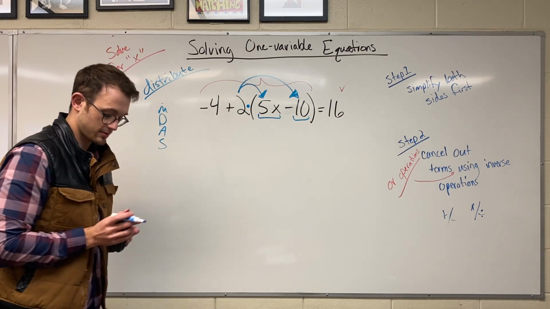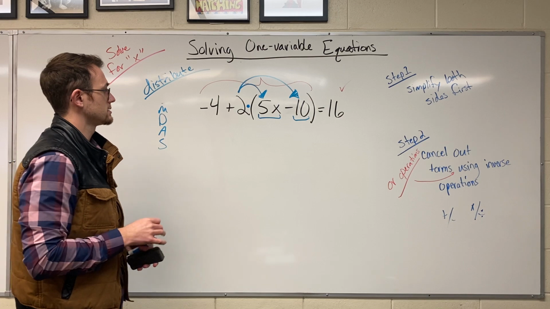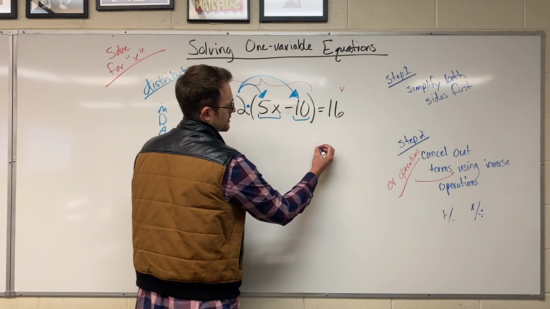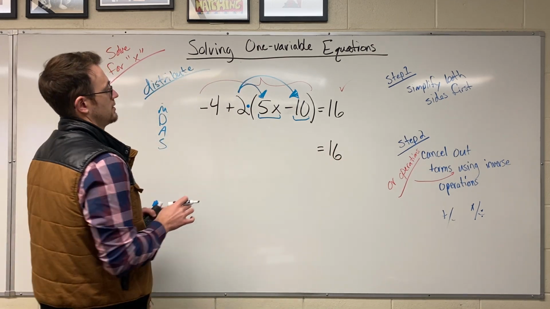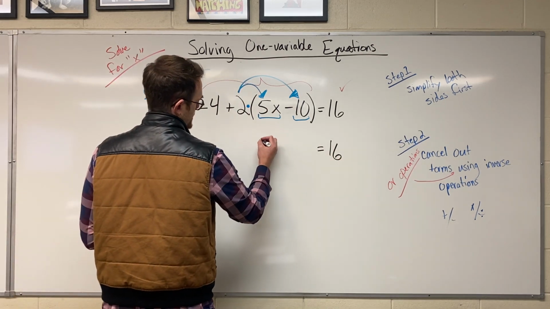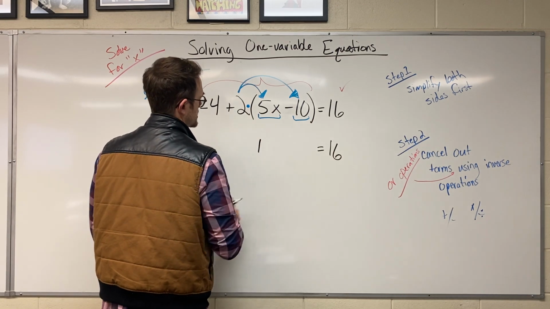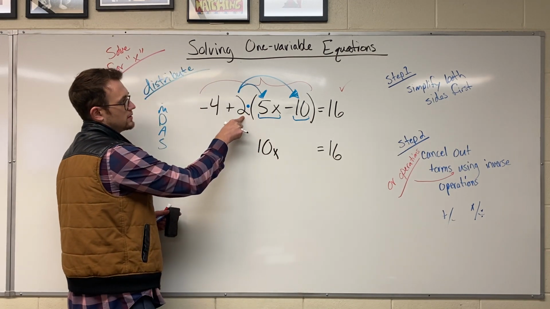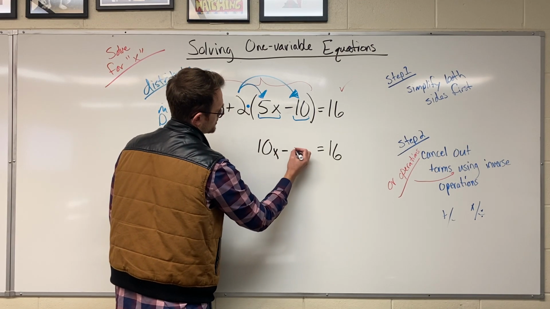So, what we have is, I'm gonna just drop this 16 because I didn't touch it. 2 times 5, 10. Why did I write 16? 2 times 5 is 10. I literally said 10. 2 times 5 is 10. 2 times negative 10 is negative 20.